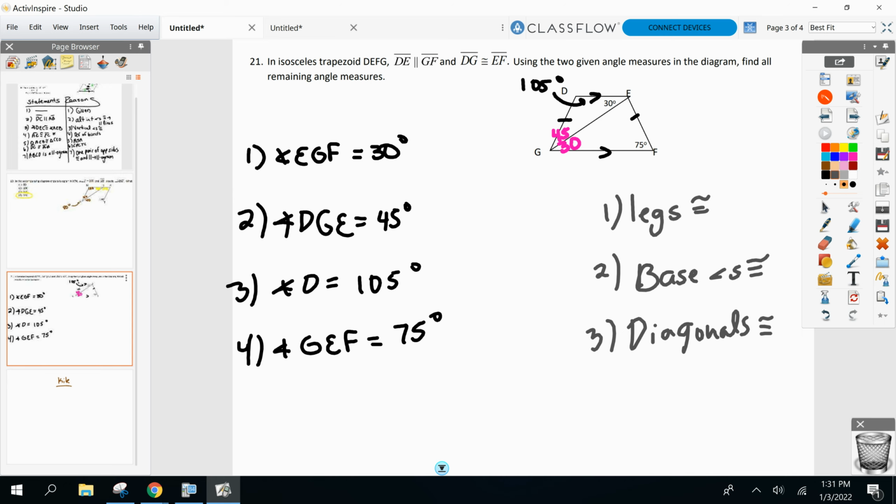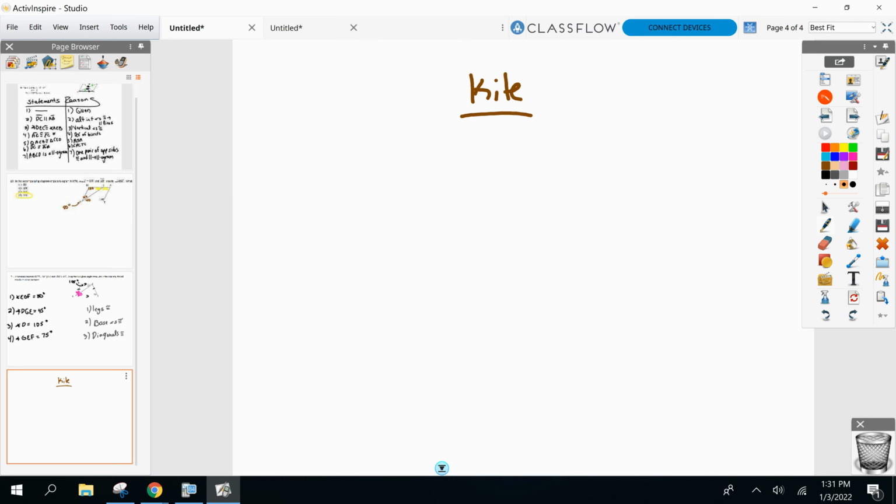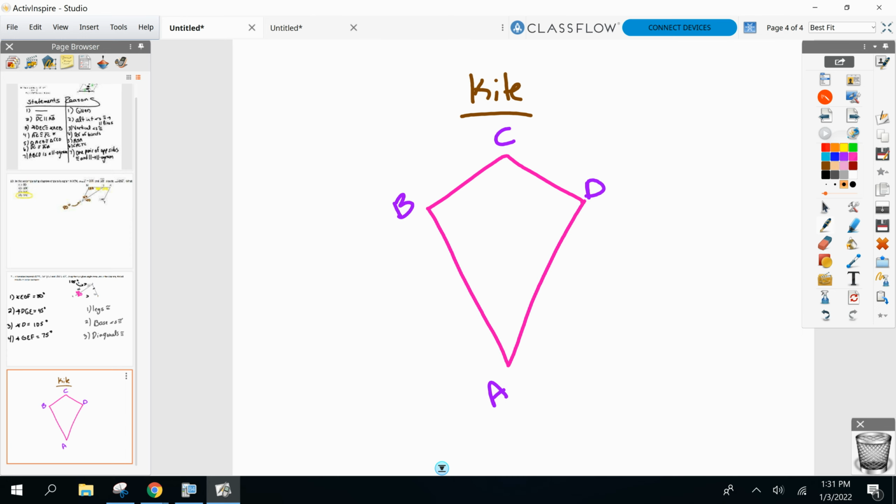All right. And how about, because I don't think the questions in the packet give the kite any love, let's talk about that. So you'll have adjacent pairs of sides congruent, and then what else do we have? Properties of a kite.